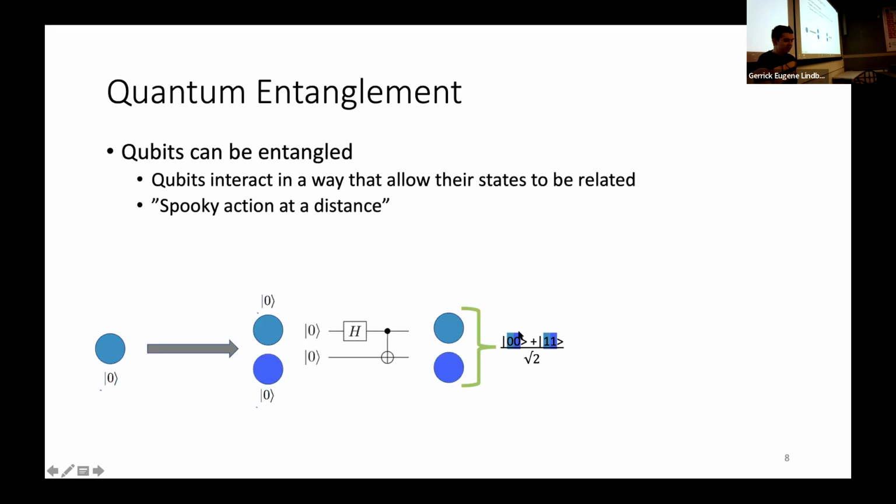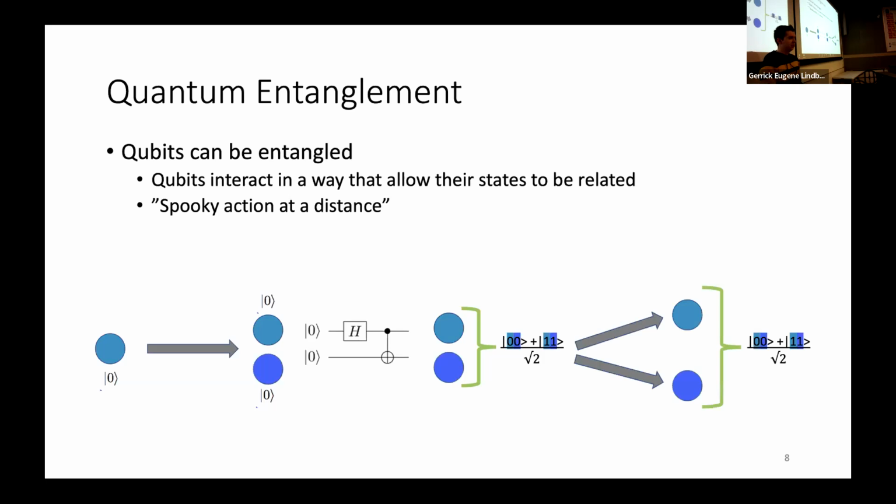And what we'll notice is that if we were to perform a measurement and have it fall into this 0 state on either the first or the second, the other qubit has to fall into the same state. So if one qubit is measured as 0, the other will be measured as a 0 as well. And the same goes for the 1. And so this is how we can say that they're entangled, this is how they're related. And this happens regardless of distance.